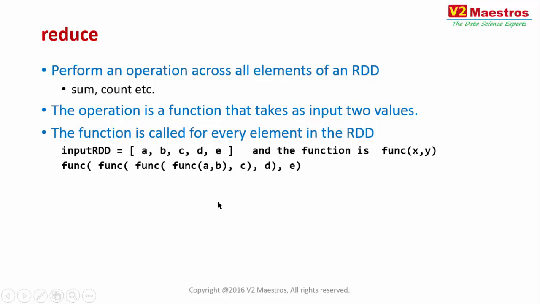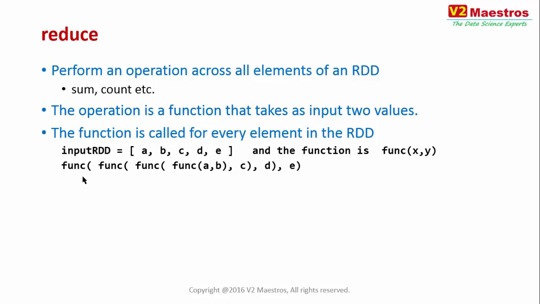This becomes like a recursive call where it will traverse the entire input RDD. It starts from the first two elements, then keeps moving on to the third, fourth, fifth until the end of the RDD, and the execution of this entire function is completed, and then the result is produced.